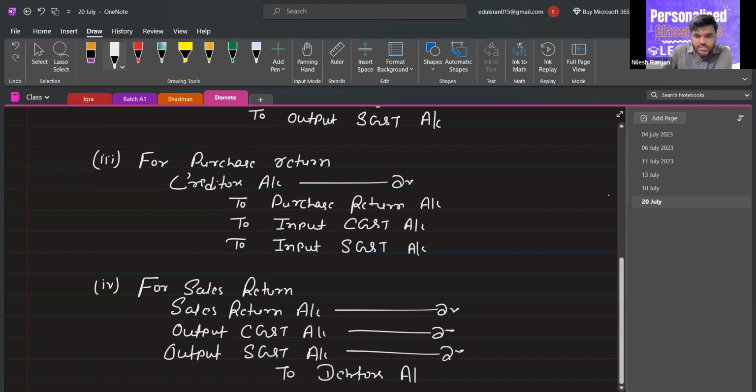So this is our purchase, sale, purchase return, and sales return.